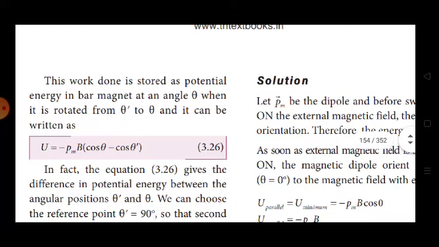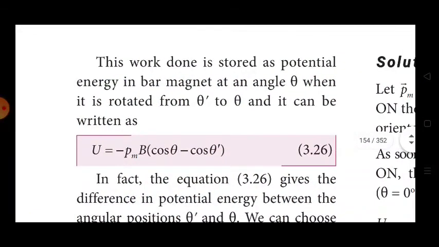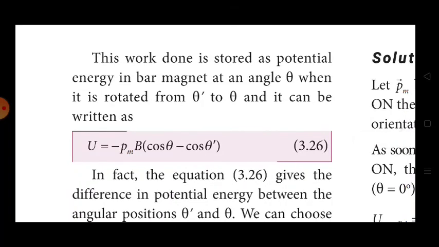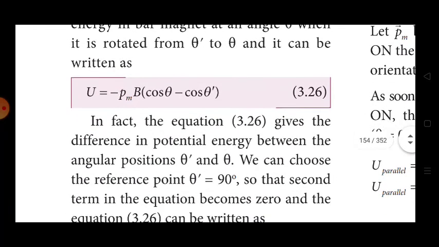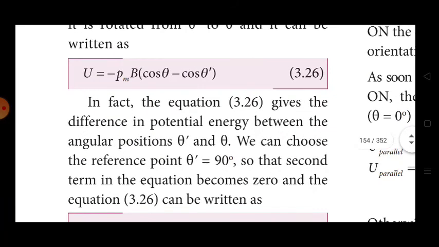So the work done is stored as potential energy in the bar magnet at angle theta when it is rotated from theta dash to theta, and it can be written as U, the potential energy, equal to minus pmB into cos theta minus cos theta dash. In fact, equation 3.26 gives the difference in potential energy between the angular positions theta dash and theta.